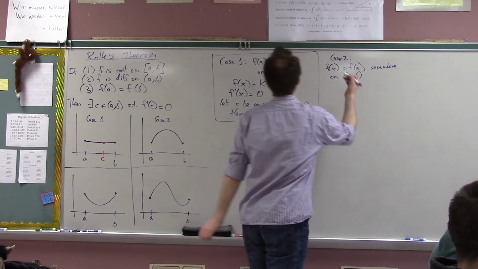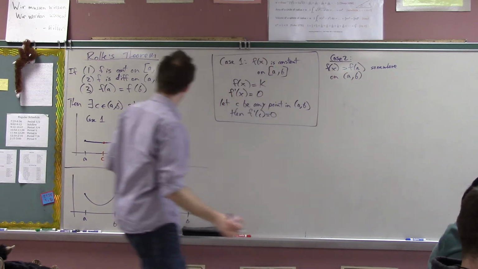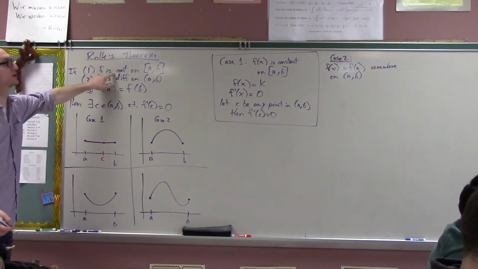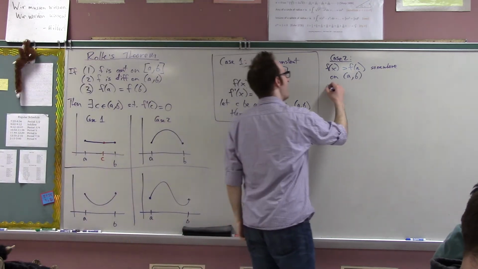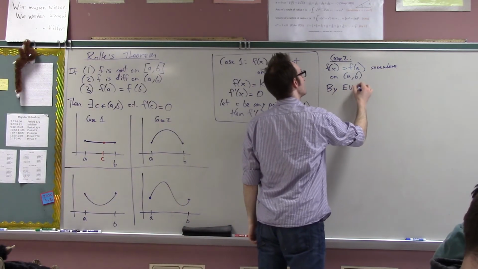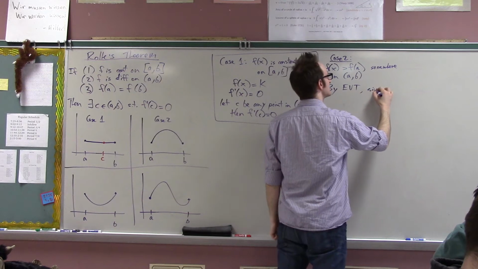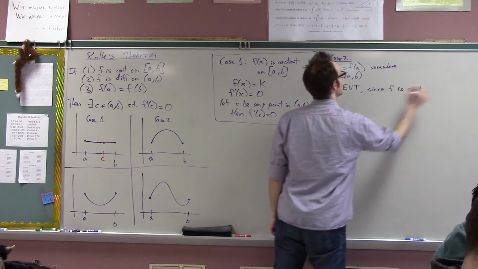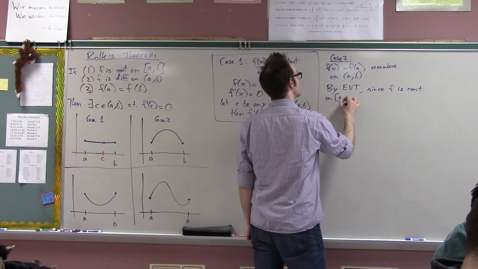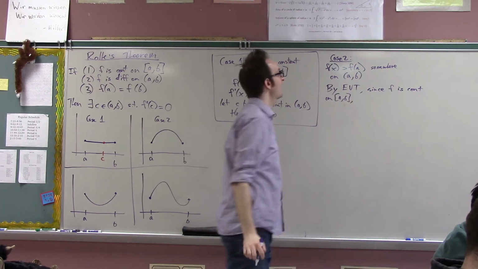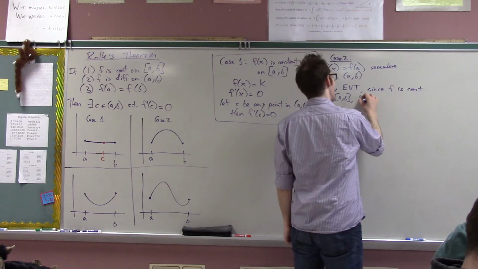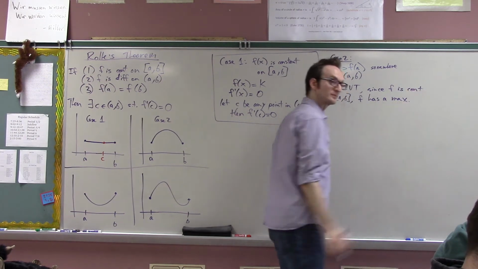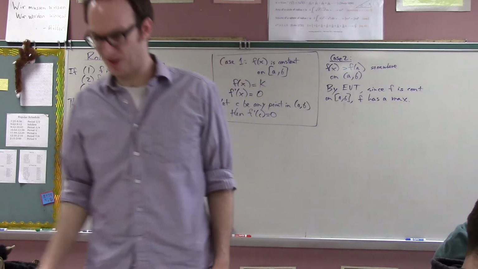Yeah, so for starters, this function must have a max because this function is continuous. So by the extreme value theorem, since f is continuous on the closed interval a, b, the extreme value theorem tells me that f has a maximum. Okay, that's probably worth mentioning, right?